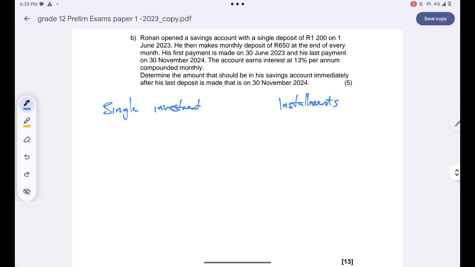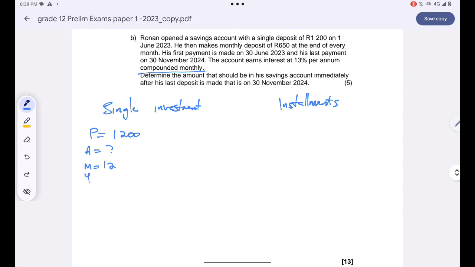For the first investment, Ronan just deposits 1,200 rands, and we do not know how much that will be after the investment period. The number of times interest will be calculated in a single financial year is 12, because interest is compounded monthly. If you count the number of months from the 30th of June until the 30th of November, you have 18 months, which is 1.5 years.